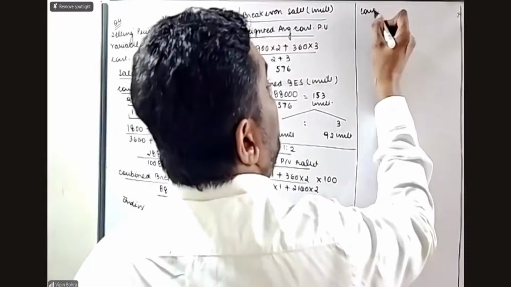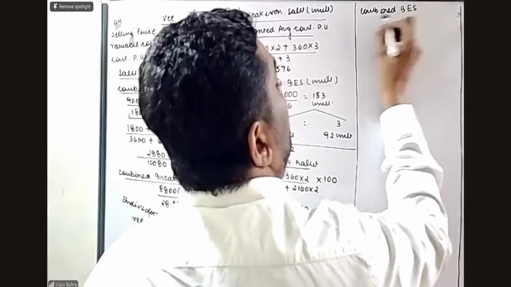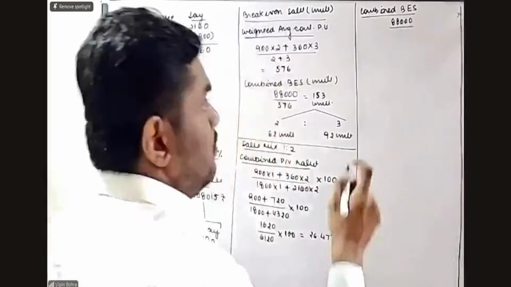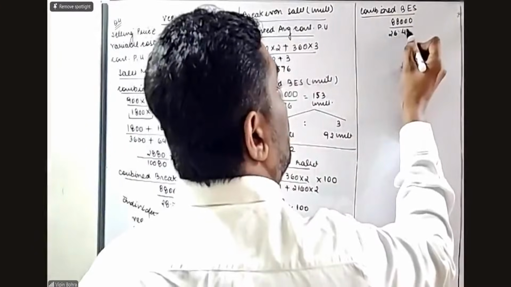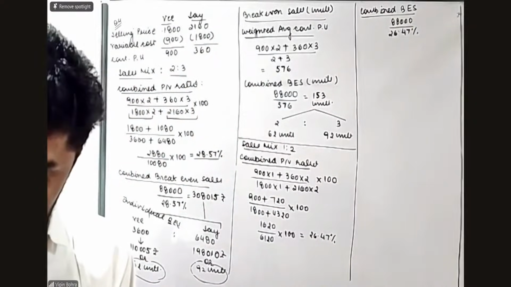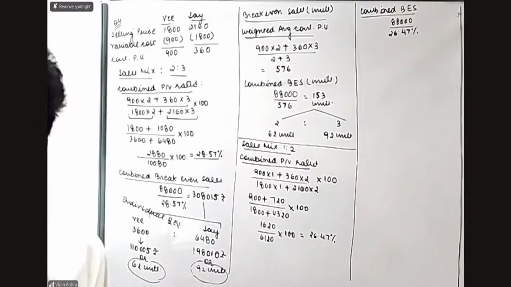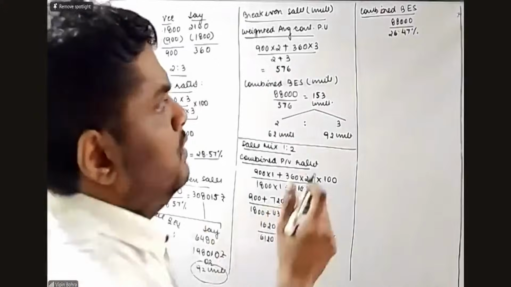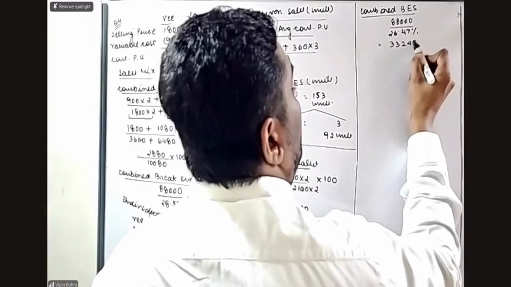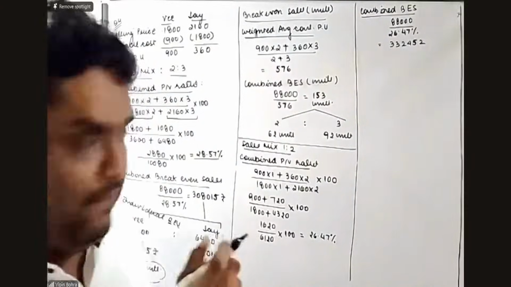So now next is combined break-even sales. So this will be 3,32,452.